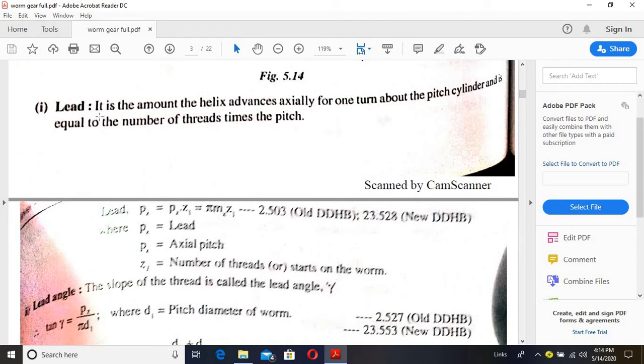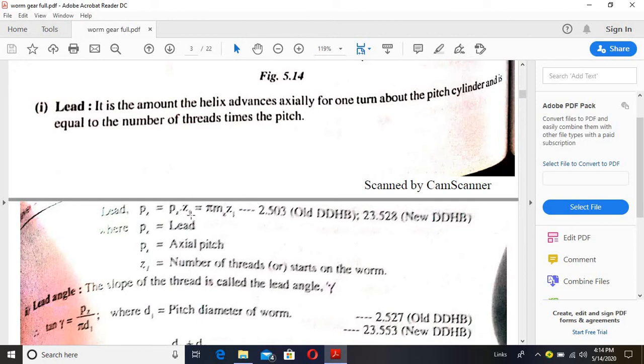First we'll see lead. Already I told you, it is the amount the helix advances in one turn about the pitch cylinder, and it is equal to the number of threads times the pitch. That is nothing but lead. It is represented by Pz is equal to Px into Z1.